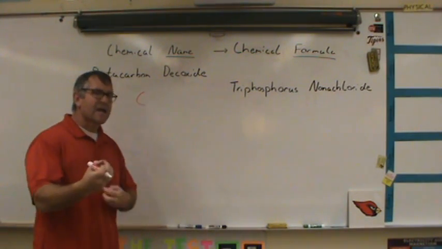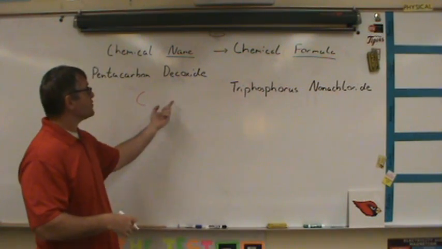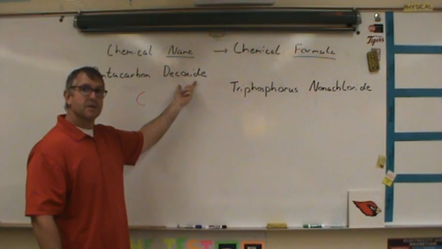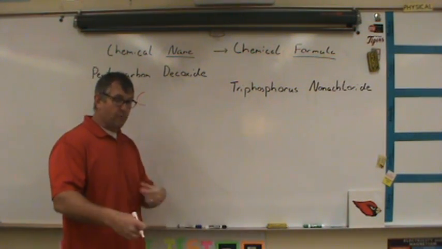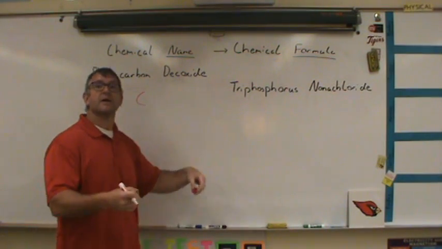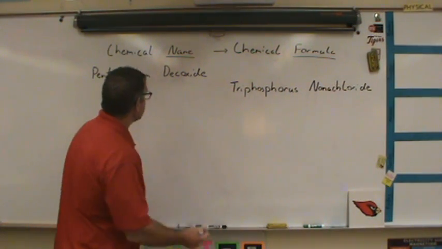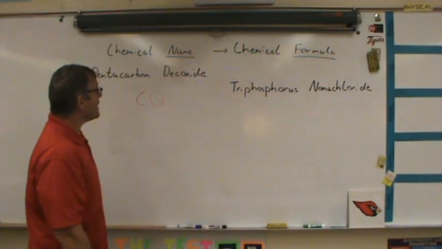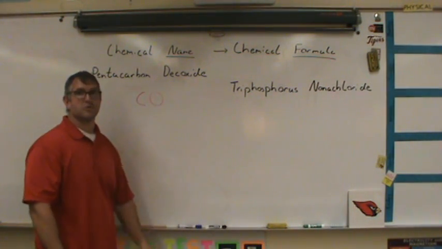Dicoxide, now that's kind of tricky because we have a prefix, we have an I, so we have to figure out what the root of the word is. In this case, and hopefully from repetition you'll get it, the ox is talking about oxygen, and the symbol for oxygen is O. So we have CO so far.